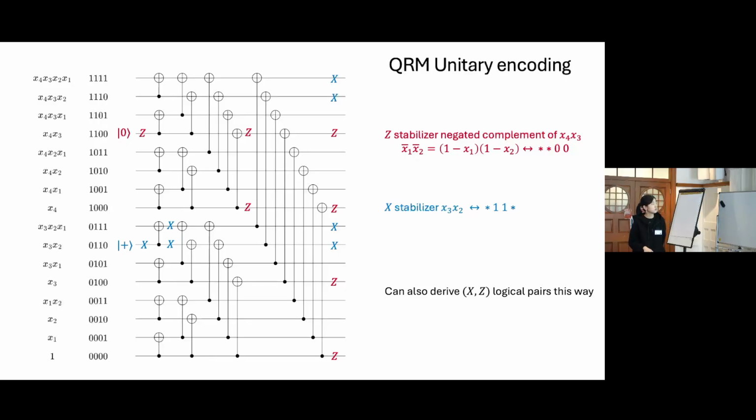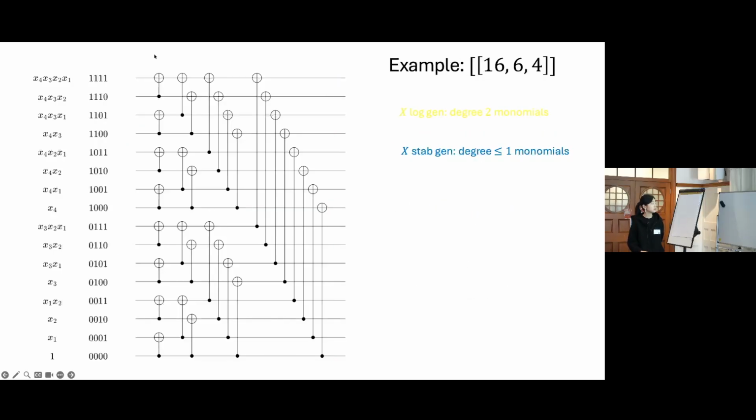This stabilizer propagation picture also allows one to derive XZ logical pairs. Let me just specify how to unitary encode a certain QRM code. For example, for the 1664 code, where the X logical generators are degree 2 monomials, and the X stabilizer generators are degree less than 1 monomials.